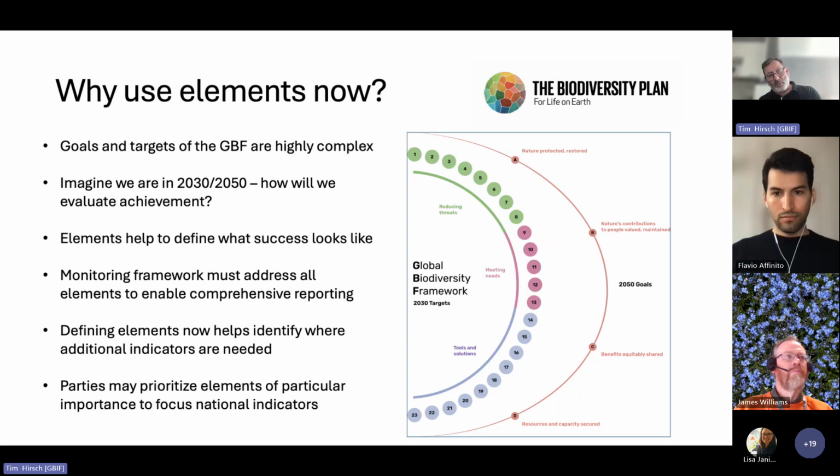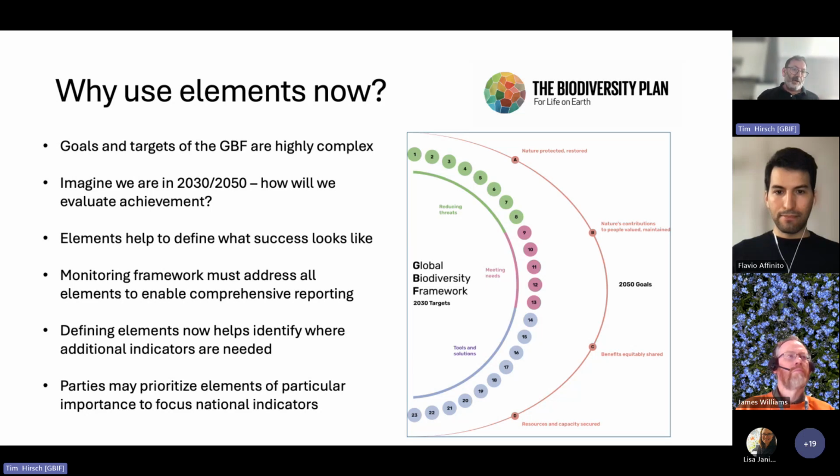And if one advantage of going through this exercise now is to cast ourselves forward, if you like, to, let's say we're in 2030 in the case of the targets, or 2050 in the case of the goals, how would we start to evaluate the achievement?